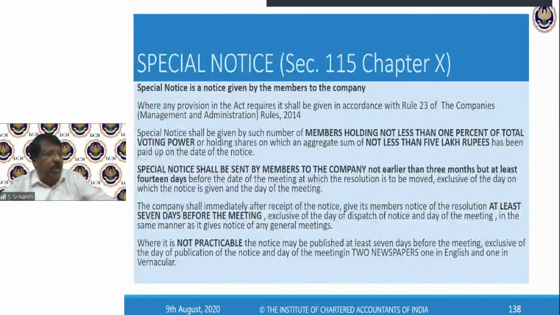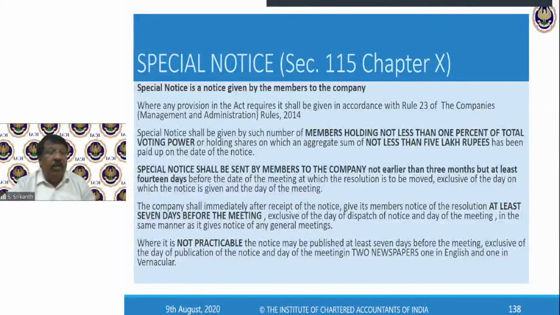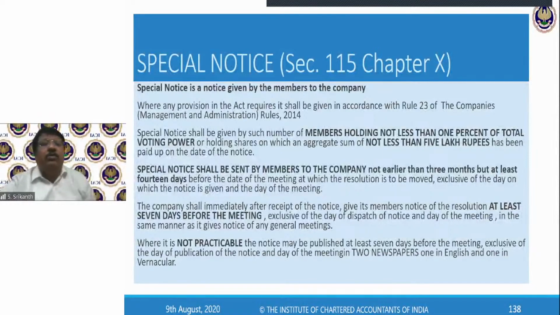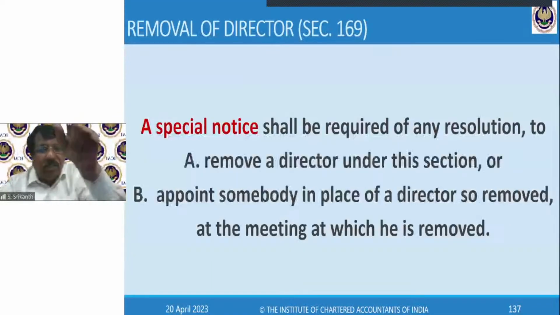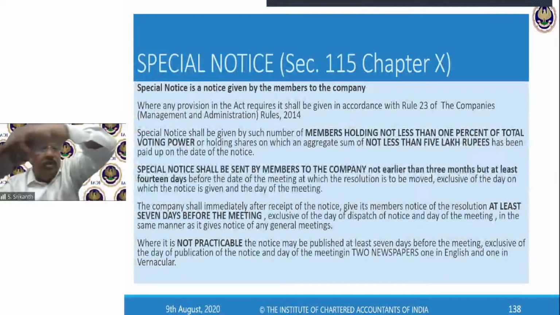So just quickly to recap section 115, special notice. Special notice is a notice given by the member to the company. Where any provision in the act requires it, then it should be given in accordance with Rule 23. So here 169 requires special notice. So you have to go to 115, read with Rule 23.